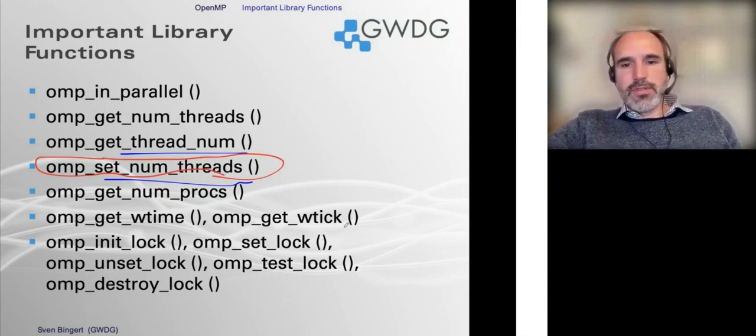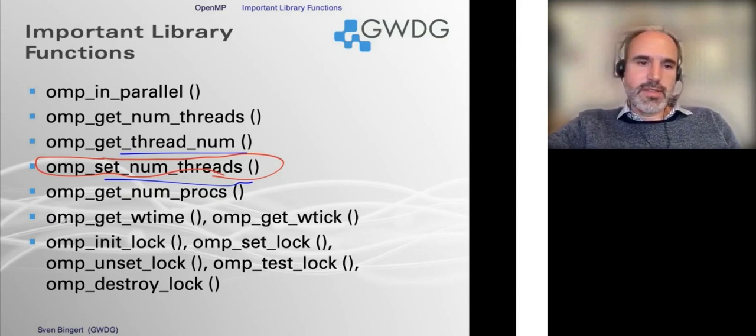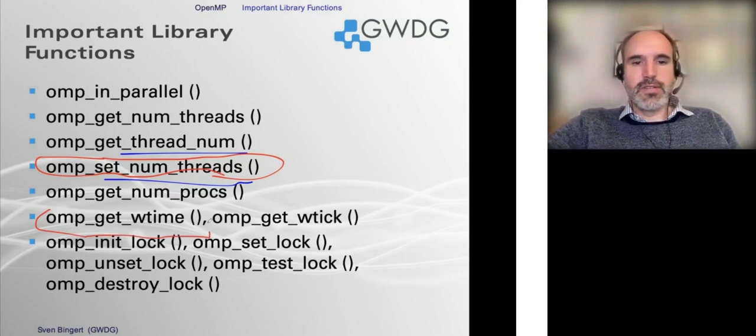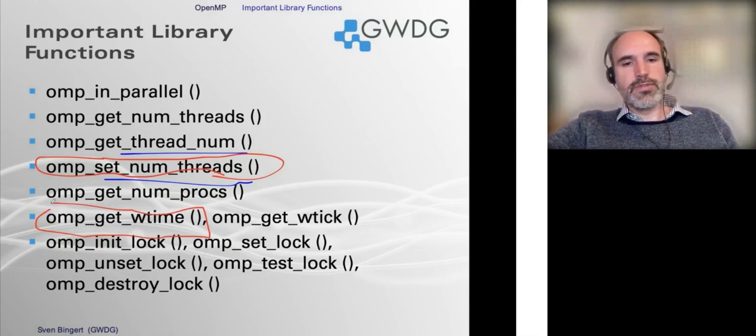Then I will skip the next one, maybe come back to it later. As it is the task to optimize your code and to save time, you are actually interested in the wall time.